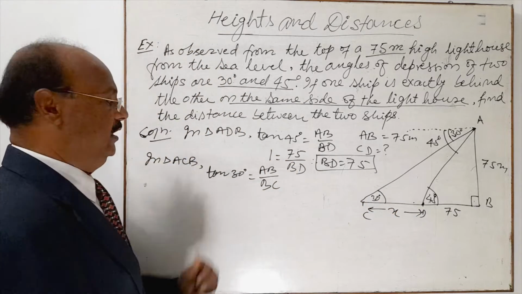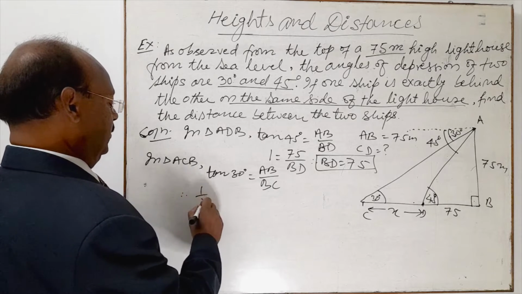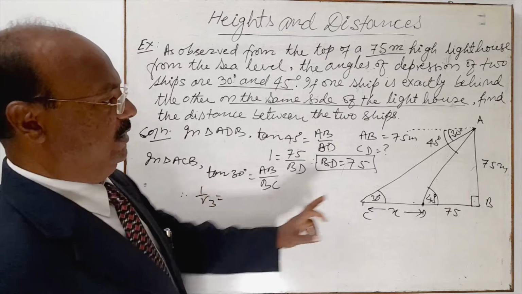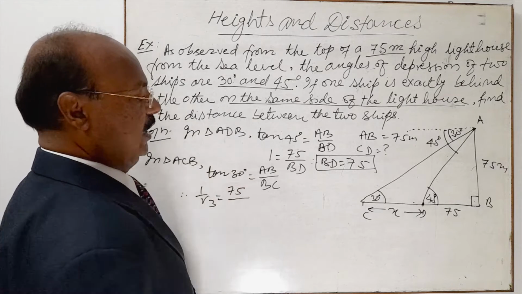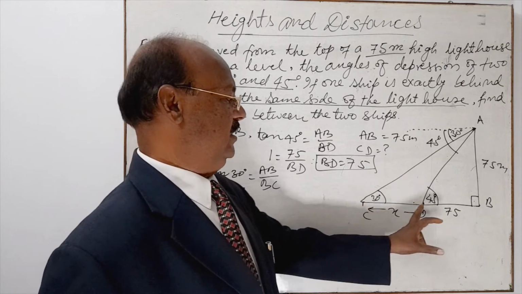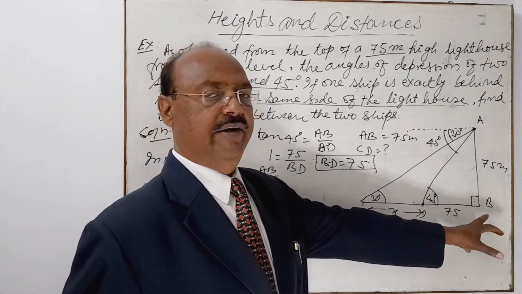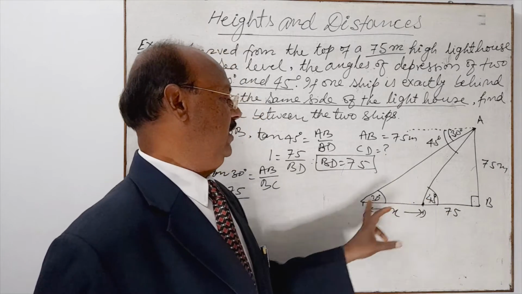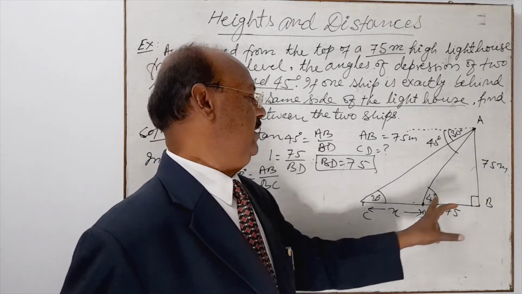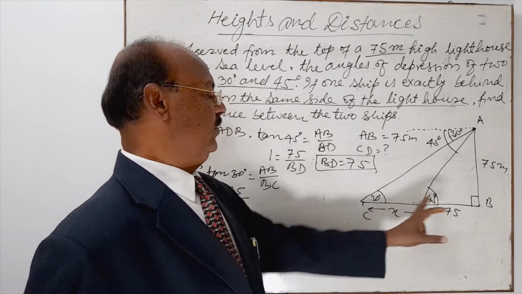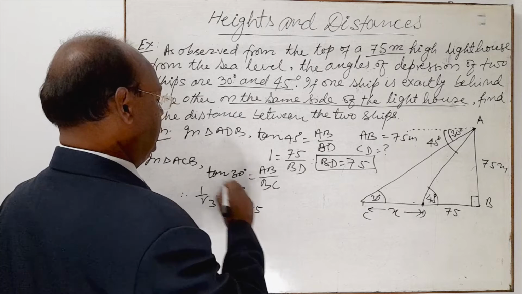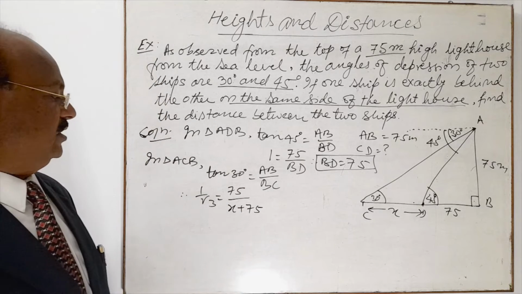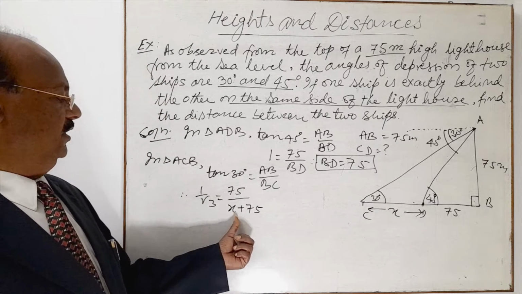And tan 30 is 1 by root 3. AB is 75 meter and BC is this much, X and this is 75, because BC is BD plus CD. So you can write here this is X plus 75.